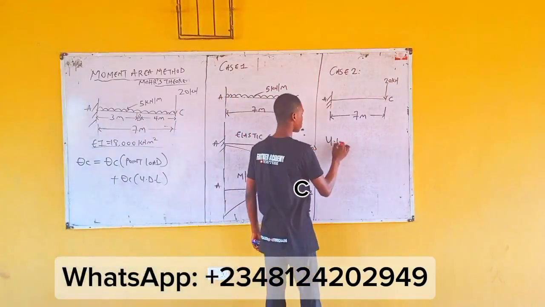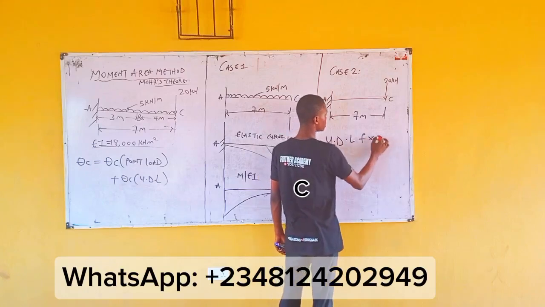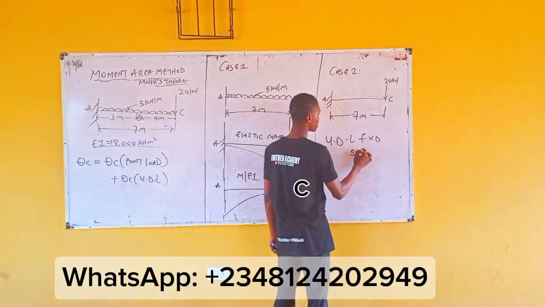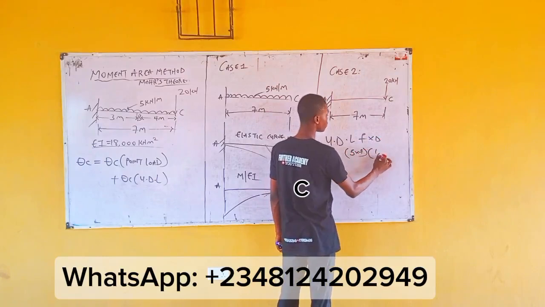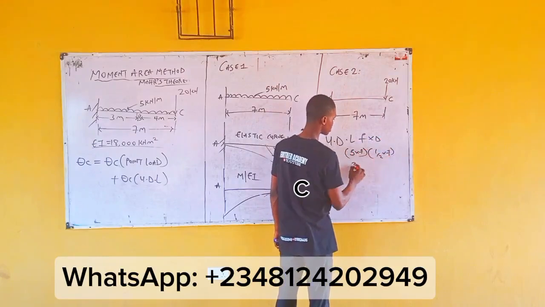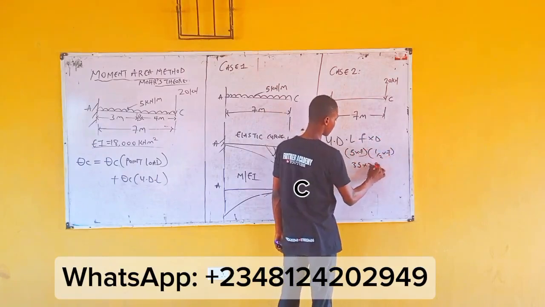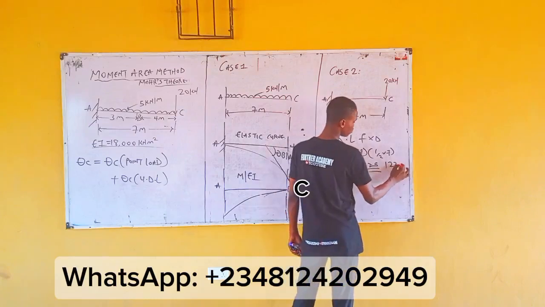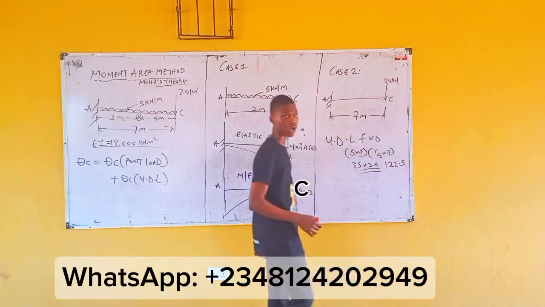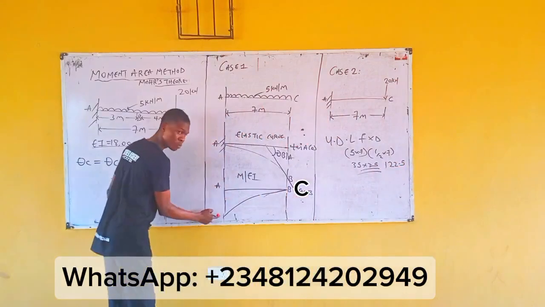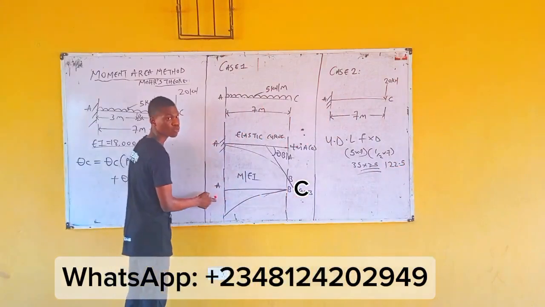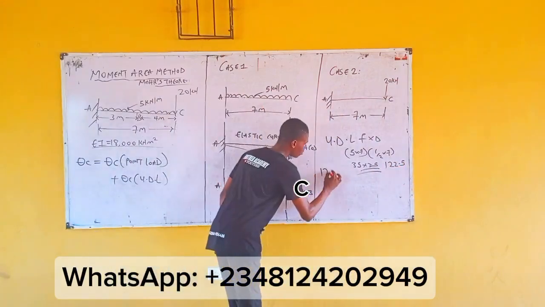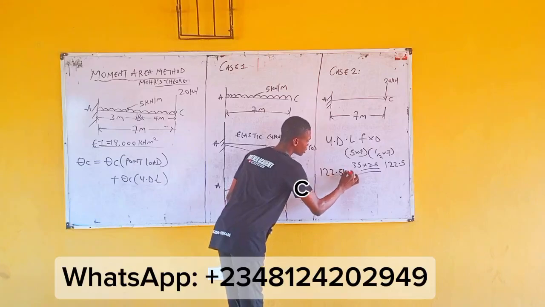For UDL, force times distance. The force is 5 times 7. The distance is 1 over 2 times 7. So this is 35 times 3.5, which is 122.5. So the value of moment at this point is 122.5 kilonewton meter.